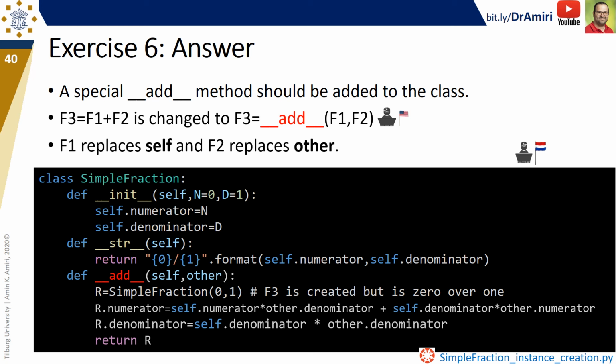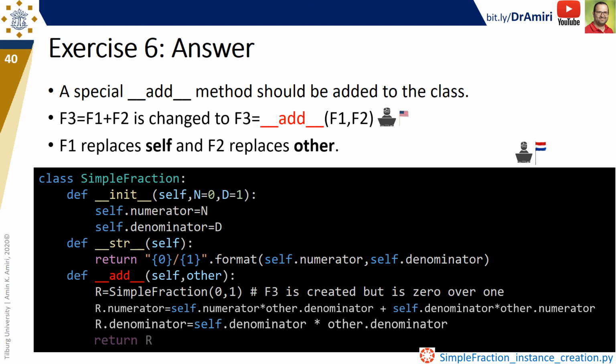You can simply multiply the two denominators of the two instances that are the input to this method, self and other. As for the numerator, it's a little bit more complex, but if you know algebra, it should be easy for you.